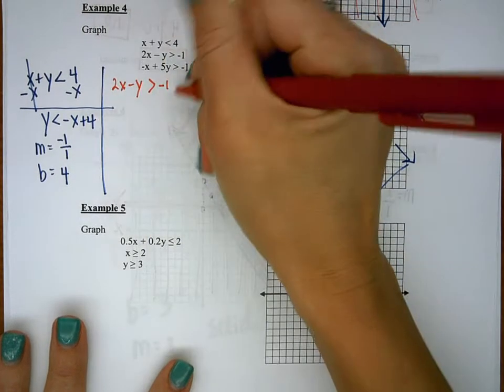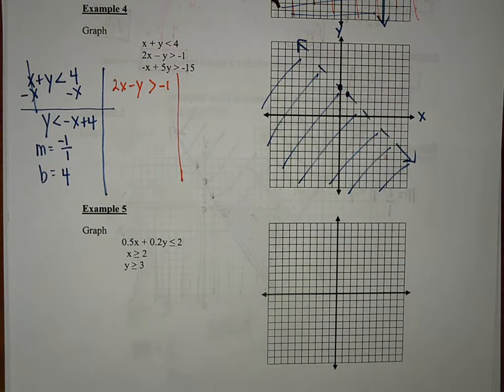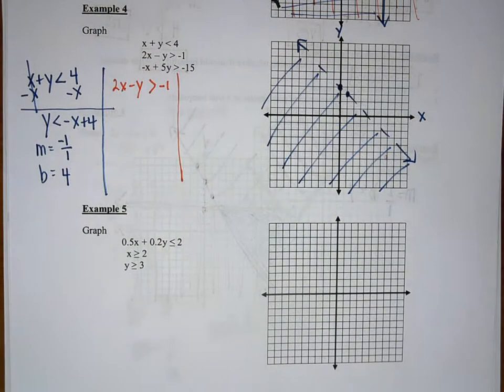Okay, this next one's a little bit more complicated. I'm going to give you about 15 seconds to try to write it in y equals mx plus b form on your own.